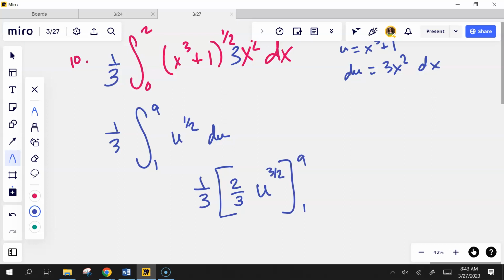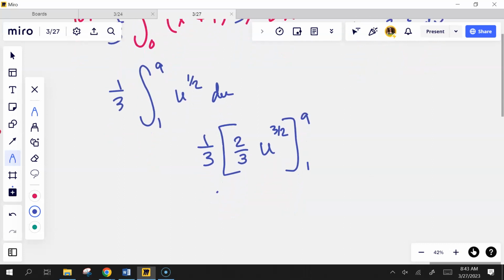Notice this is a 2 on the bottom. These are perfect squares. 2 over 9. Plug in to get the new bounds.